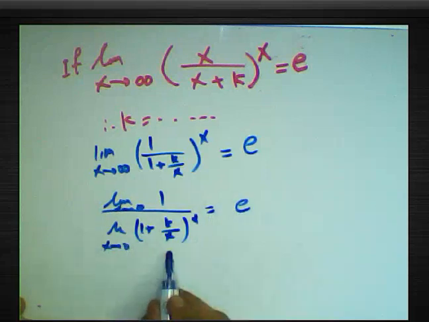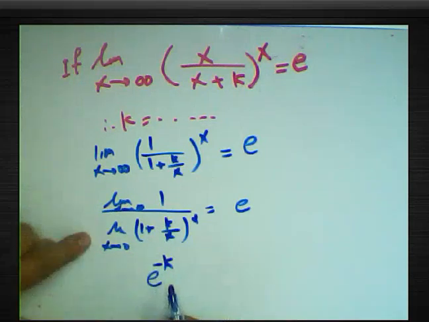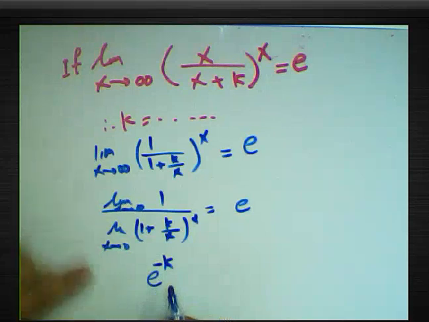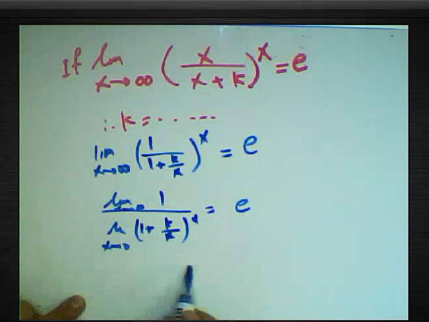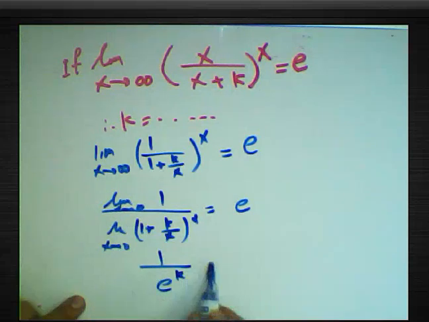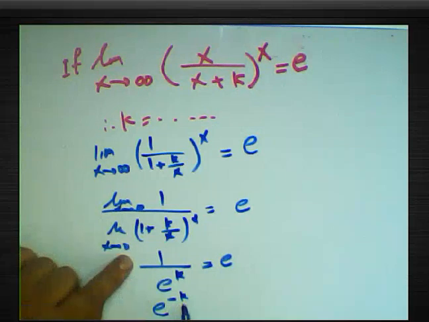It will be what here in the denominator? The result will be e power k in the denominator. Okay, so I write the result here about the denominator, e power k. Understood? It will be 1 over e power k equals e. Then e power negative k will be e.